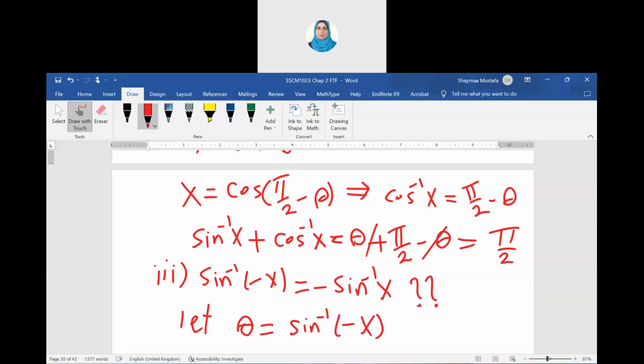Okay, what can you understand from this one? Theta is equal to sine inverse of minus x. What do we mean by that?